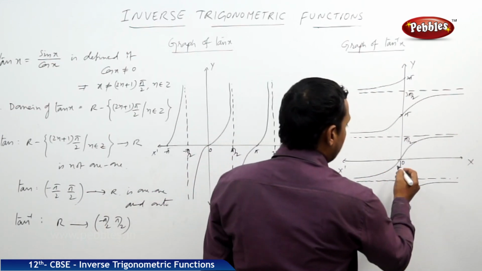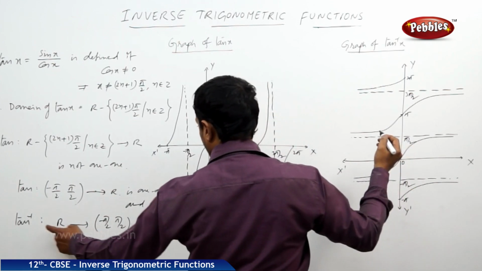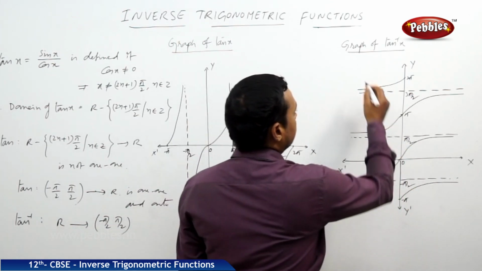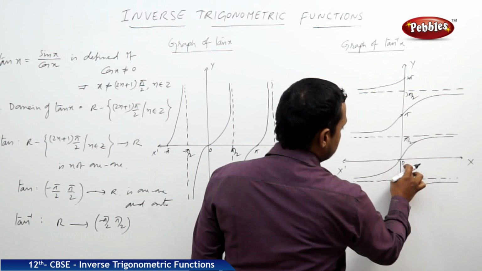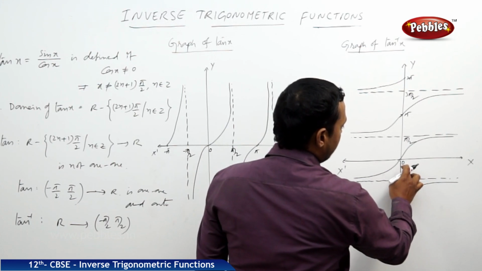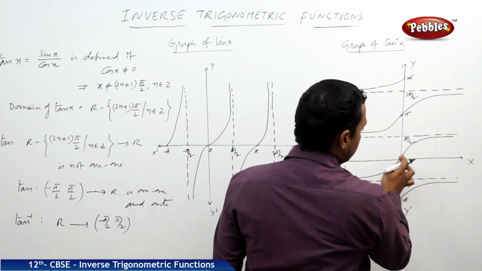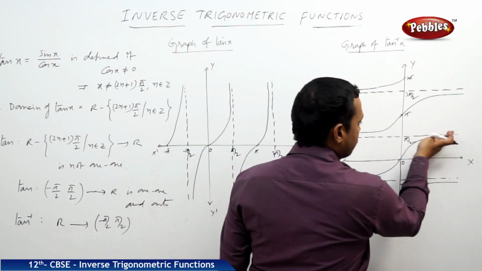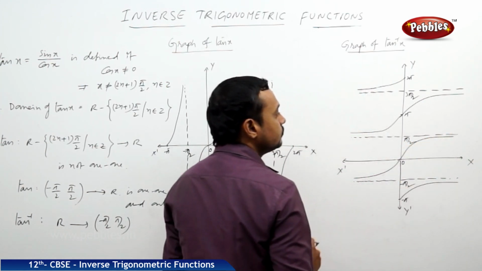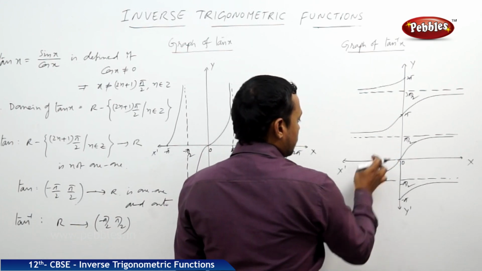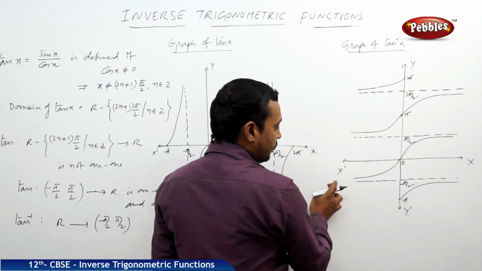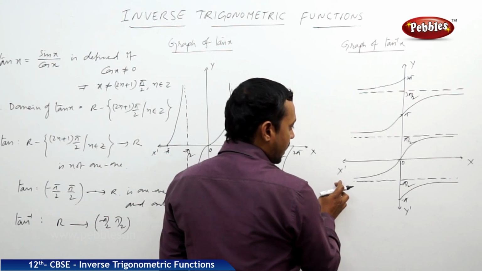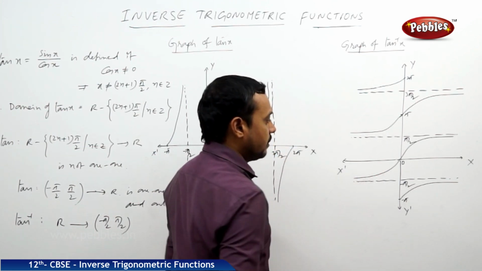So for the tan inverse x function, tan inverse 0 is 0. As x tends to infinity, the tan inverse values tend to pi by 2. As x tends to minus infinity, the tan inverse values tend to minus pi by 2.